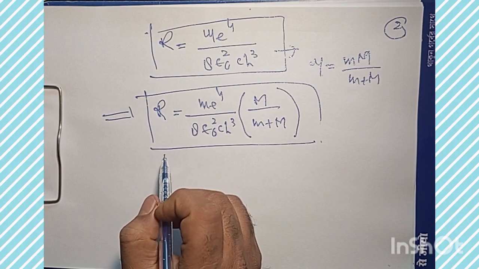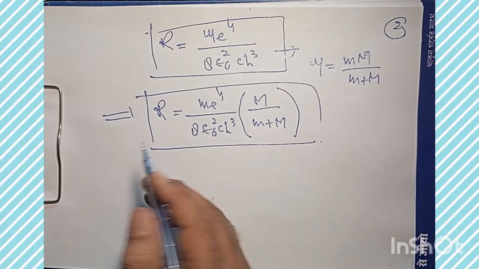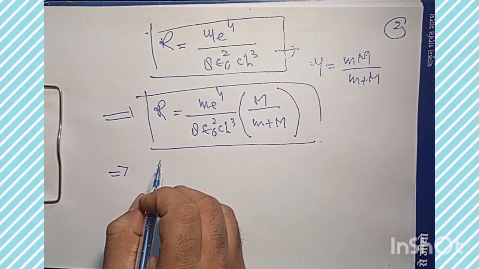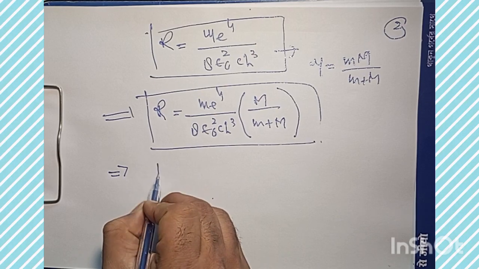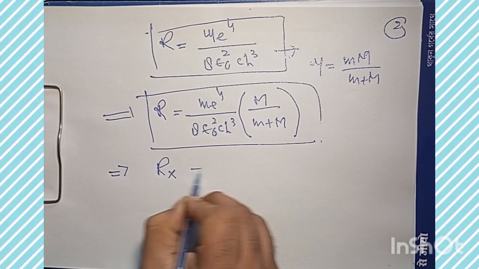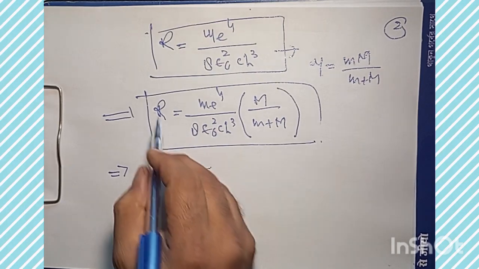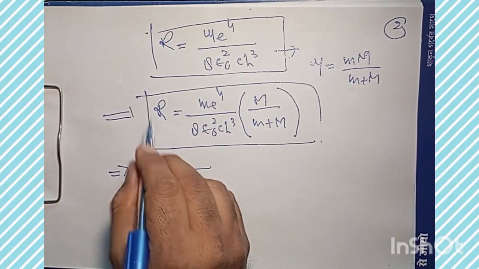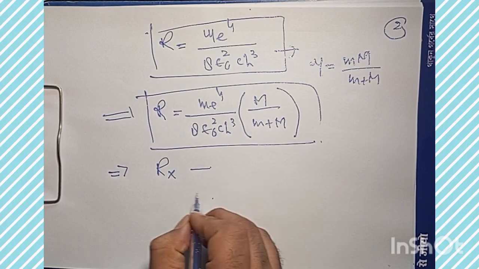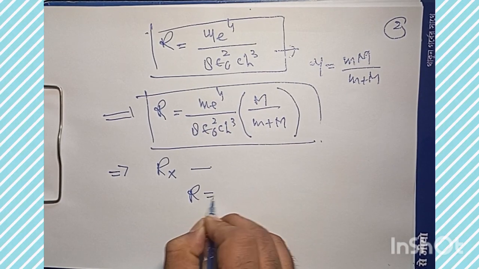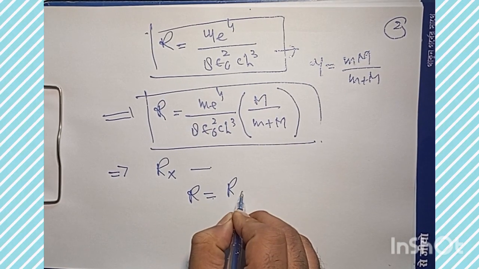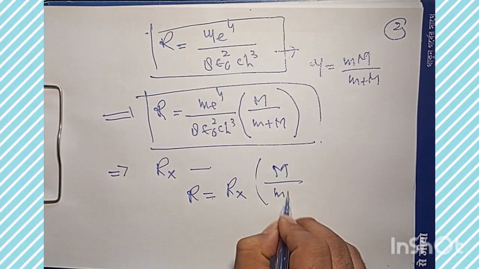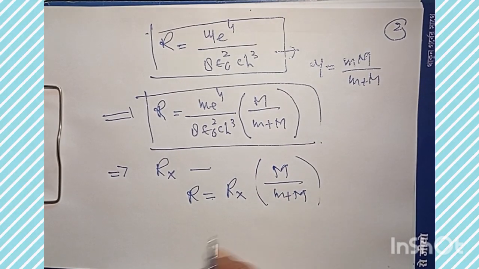And here, if I presume that Rydberg constant to be R infinity, and if I define this R now, what I will write is R is R infinity times M by M plus m.